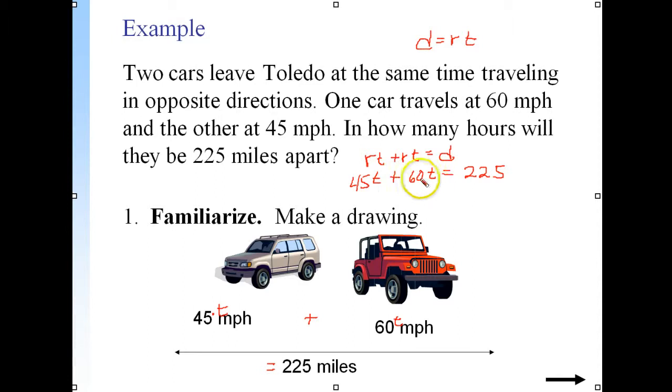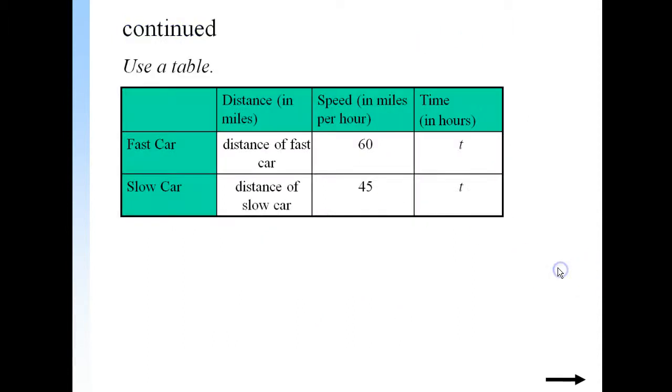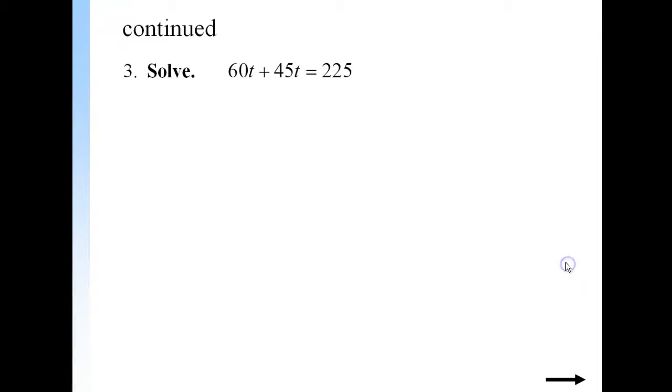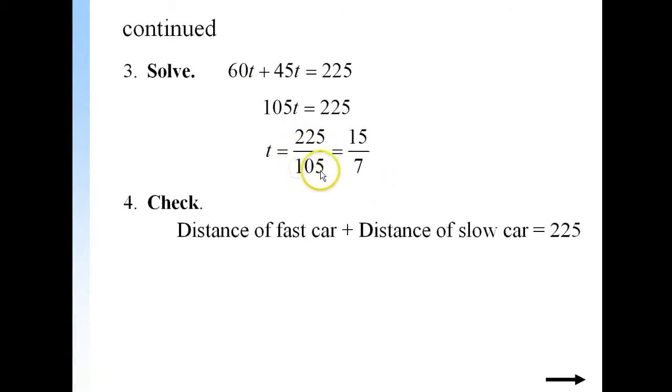You just have to find what t is here. There's our formula, and we'll solve it. Add like terms, divide both sides by 105, and our answer then is 15/7.